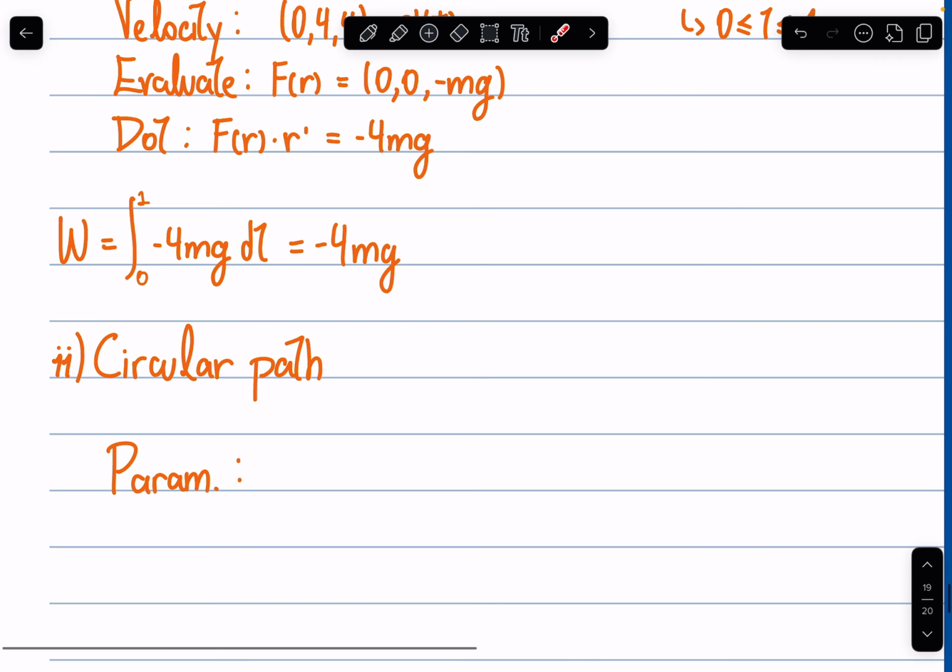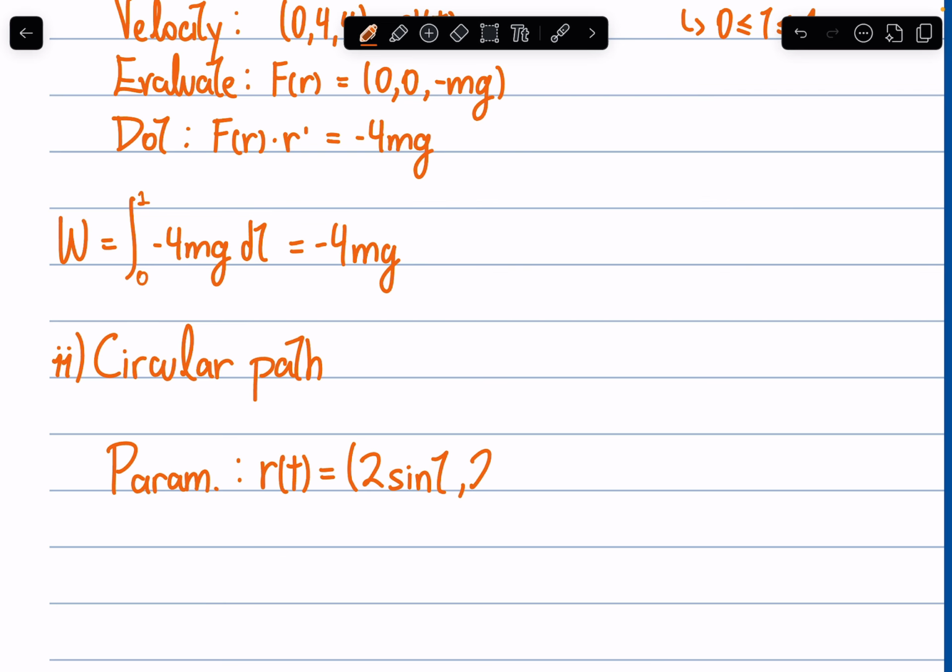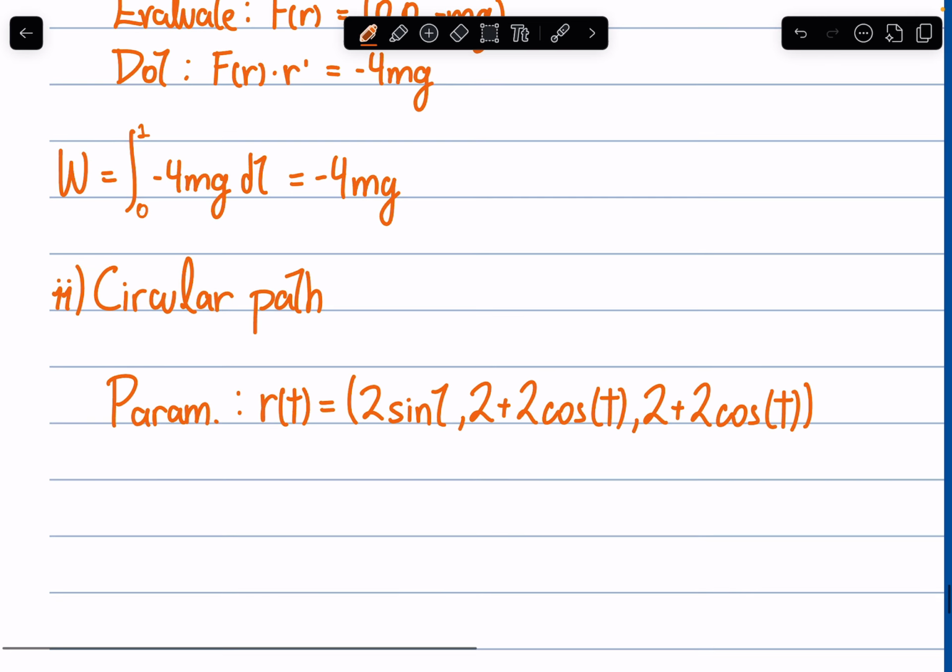That circle can be parametrized via this function. Here t will range between pi and 2 pi. Once again, the specifics of this parametrization are not necessary to be known.